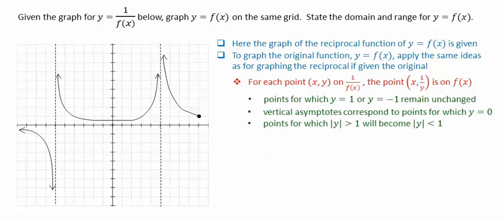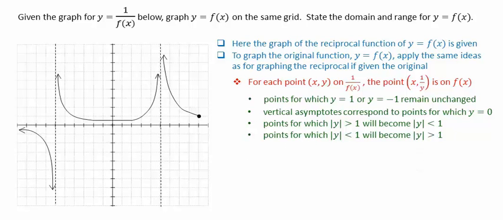Points for which the absolute value of y is greater than 1 will become absolute value of y less than 1, meaning between 0 and 1, or between -1 and 0.